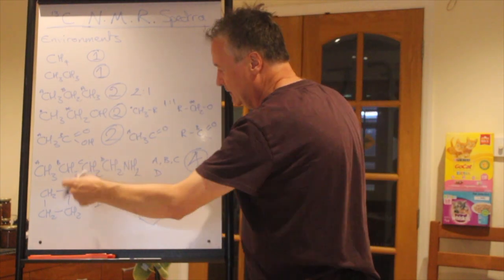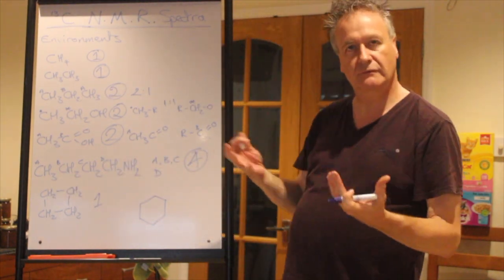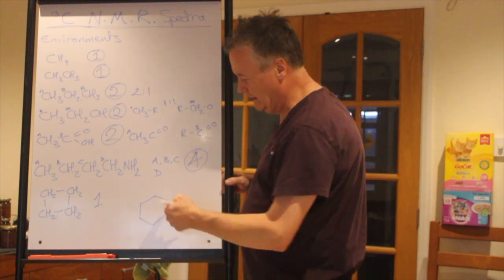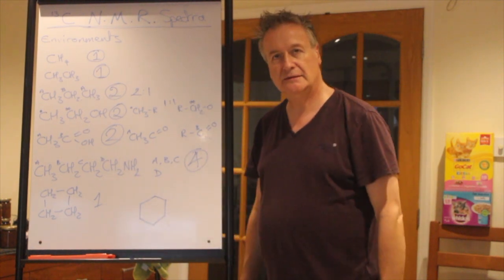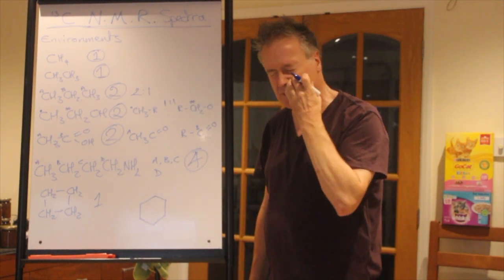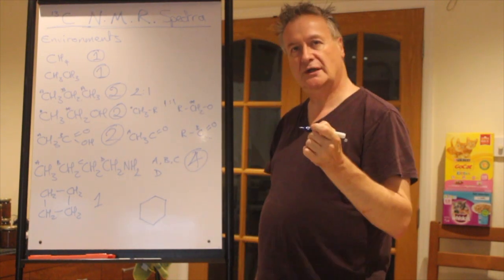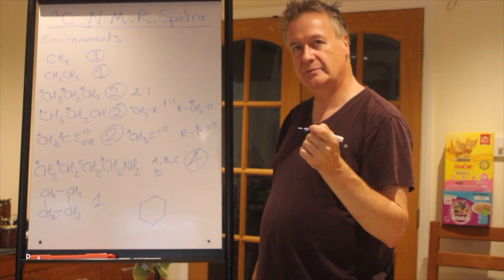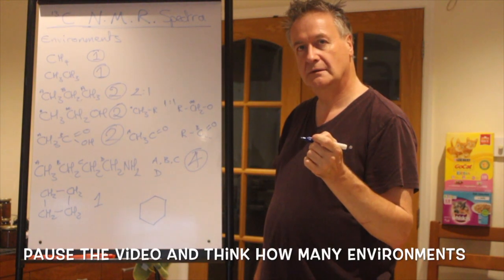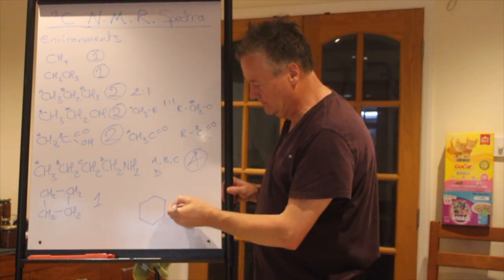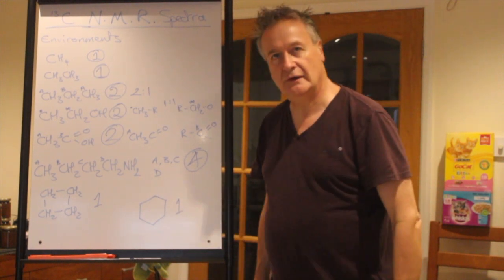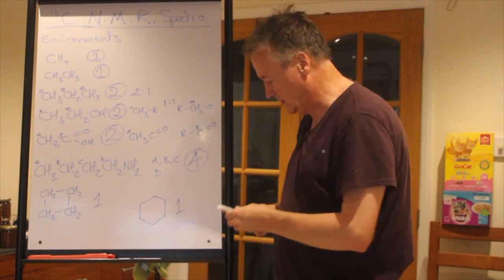Every way you go around that, you get the same sequence of carbons. It's one environment. Here's cyclohexane, done as a skeletal formula. Again, short time to think. How many is it going to be? Same answer. It's 1. All those carbons are identical.